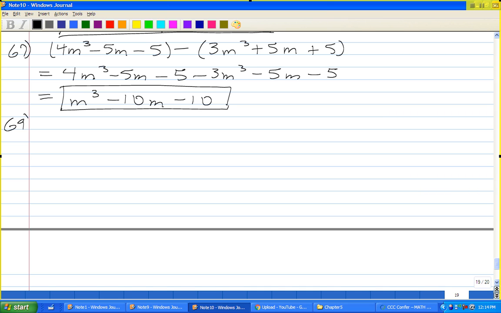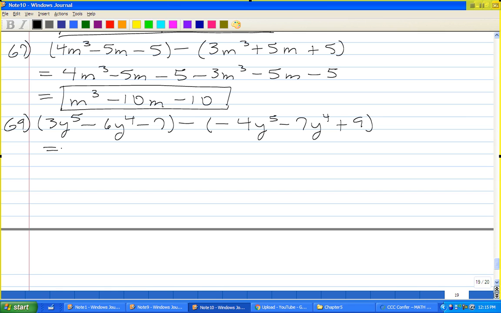69. Subtract minus 4y to the fifth minus 7y to the fourth plus 9 from 3y to the fifth minus 6y to the fourth minus 7.